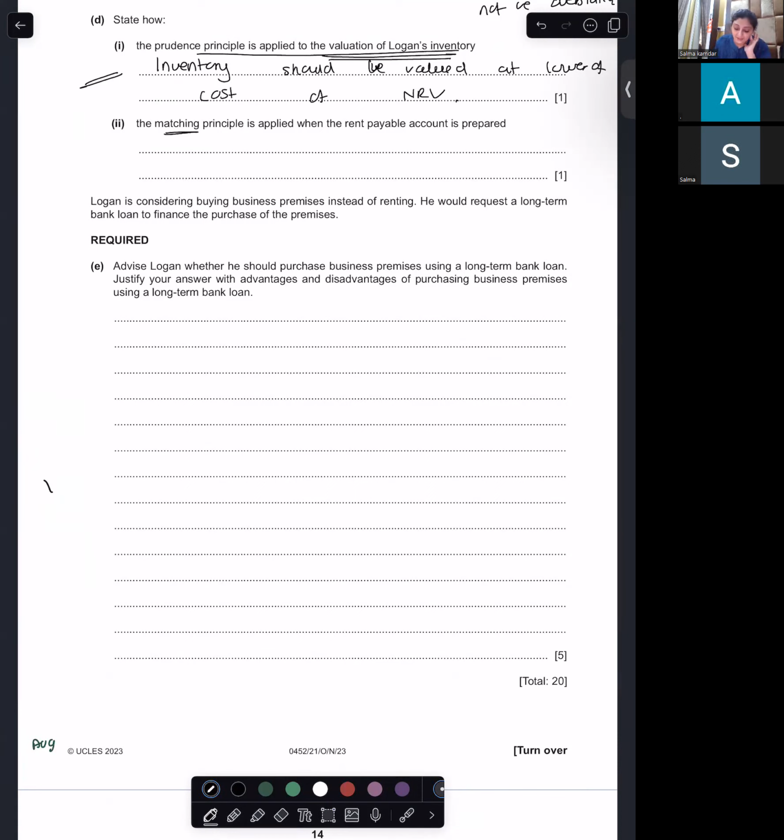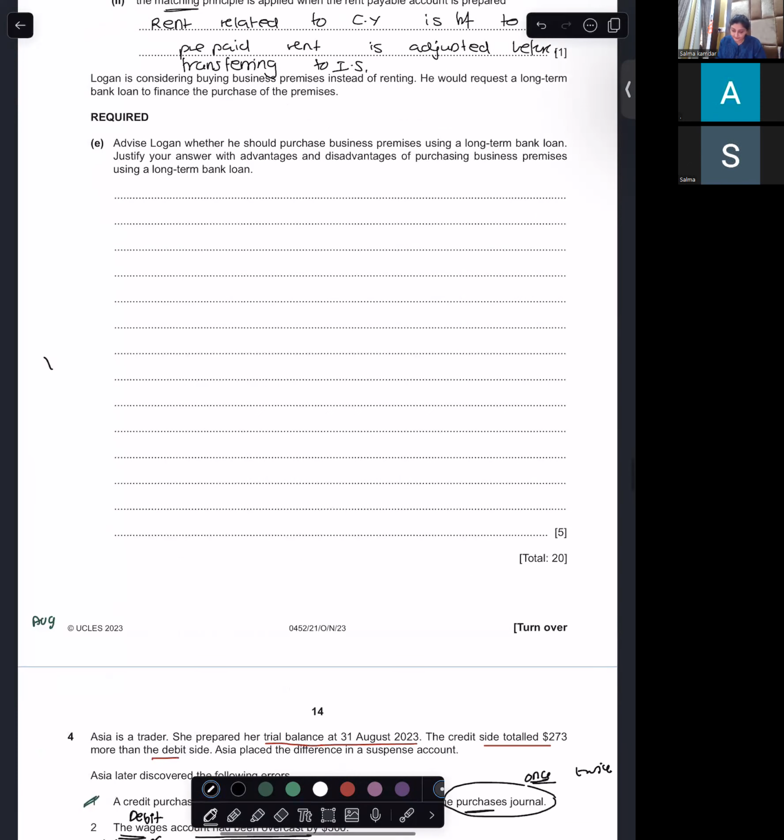Prepaid rent is adjusted before transferring to income statement. Yes, that is why we subtract prepaid rent, because it is not related to the current year. Yes, Miss. Okay, go to the next one.